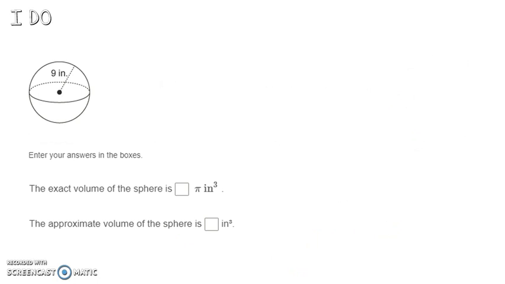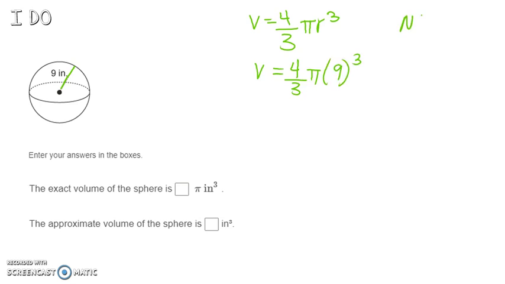So what is the exact volume of this sphere? Well, we need to use our volume formula, 4/3 pi r cubed. There's no h. The radius, remember, is half the distance, which they give me as 9. So 9 cubed. This is not 9 times 3.